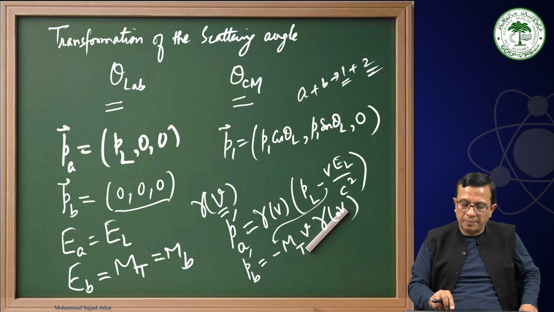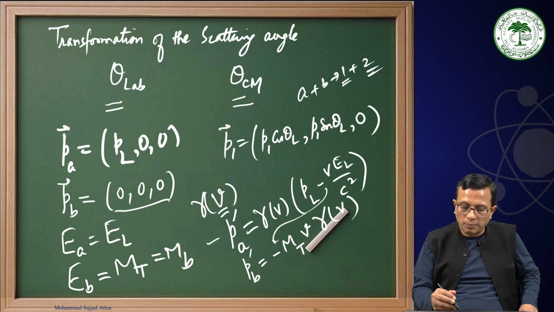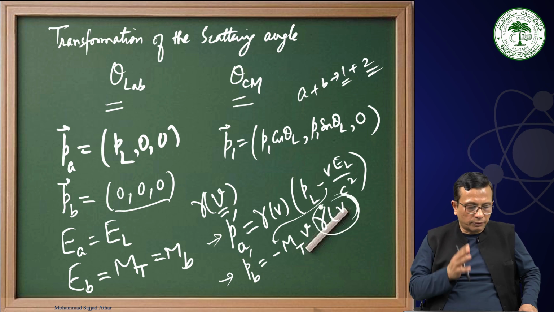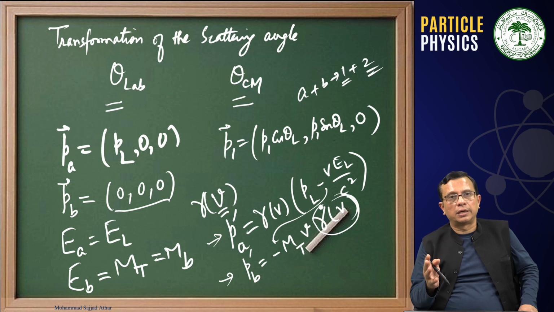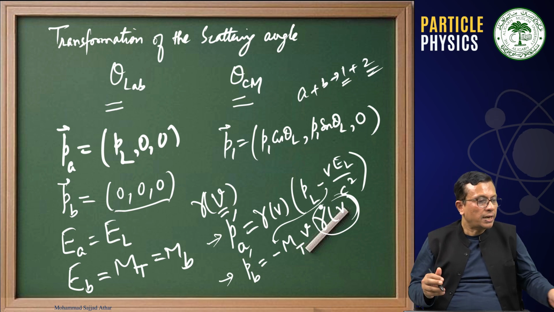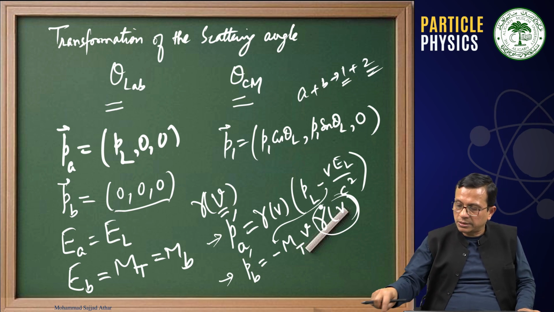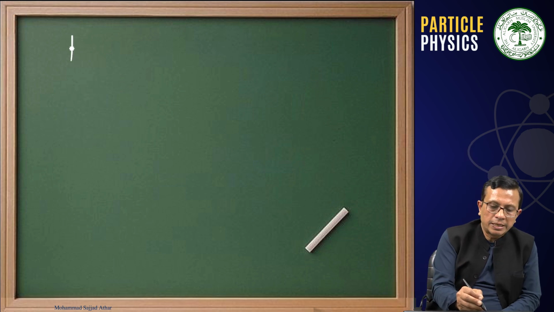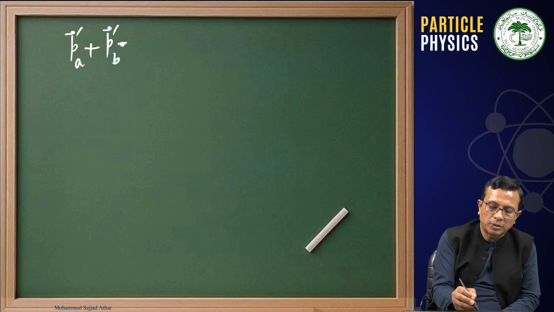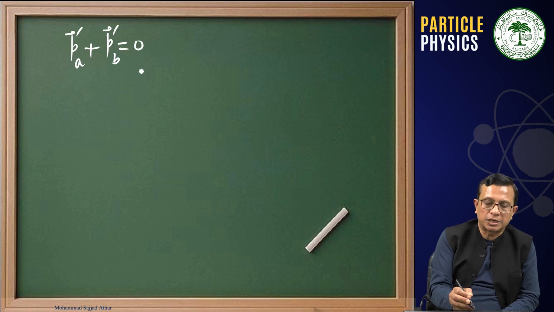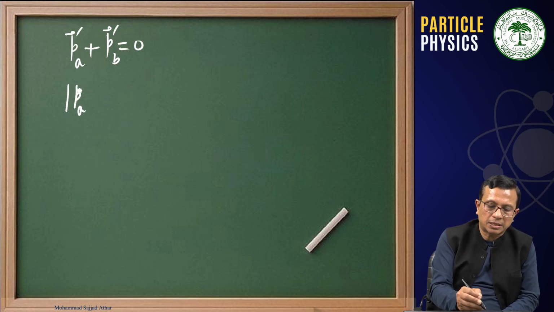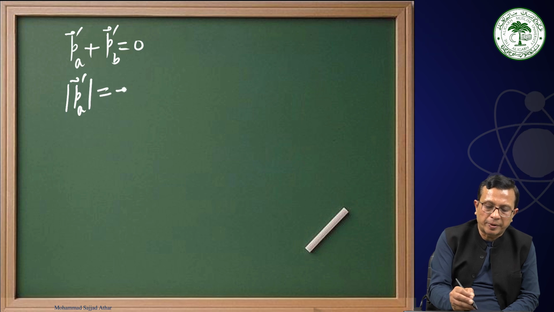We have PA prime and PB prime, the momentum of the particle in frame A and the momentum of the particle in B. Our first task is to get the value of gamma V. In the center of mass frame, these two particles approach from exactly opposite directions. Therefore PA prime plus PB prime is 0, as we discussed yesterday, so PA prime is equal to minus PB prime.